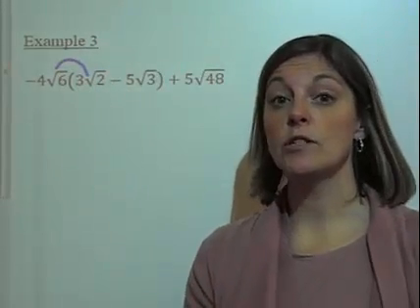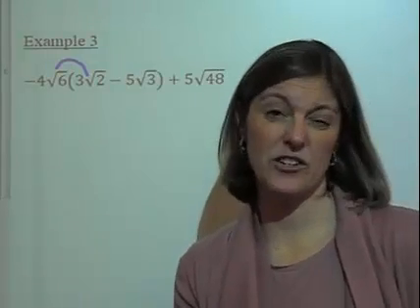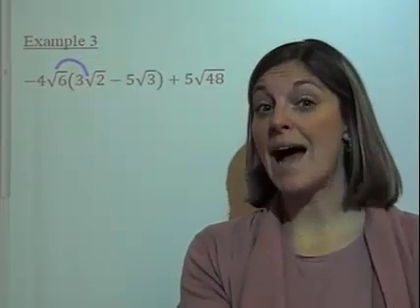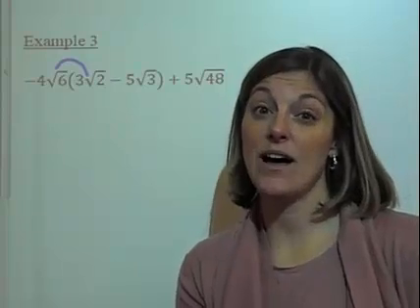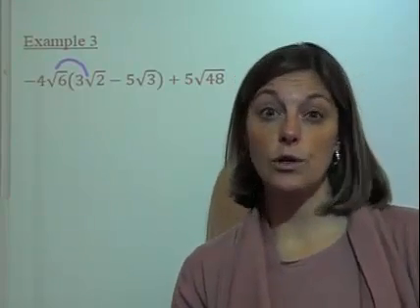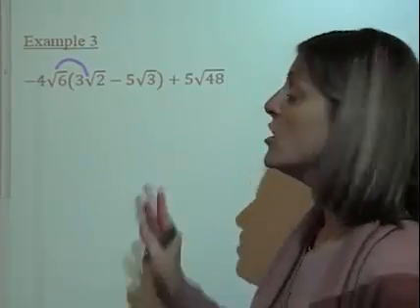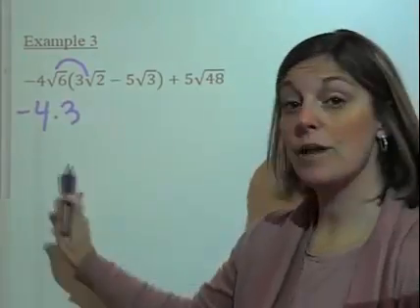You can only multiply coefficients with coefficients, and then radicals with radicals. And when you're multiplying radicals, they have to be the same kind, like they both have to be square roots or cube roots, for now.